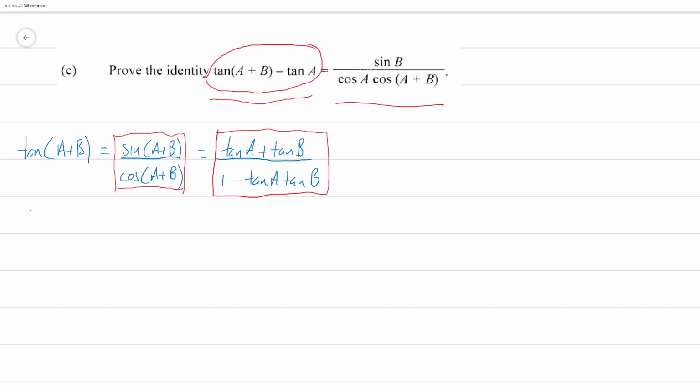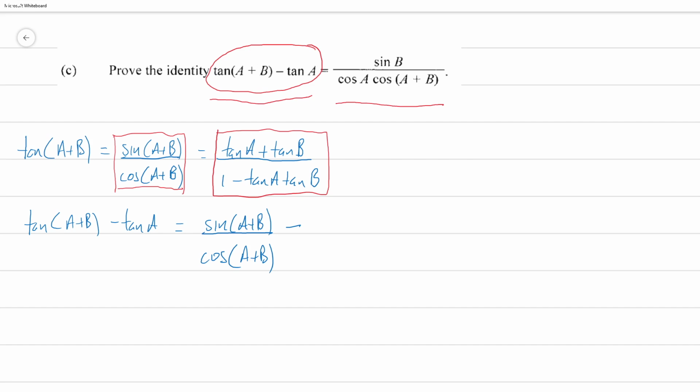So tan(a+b) minus tan a is the same as sin(a+b) all over cos(a+b), minus, let's change this tan a to sin a over cos a, because that's what the right hand side has.